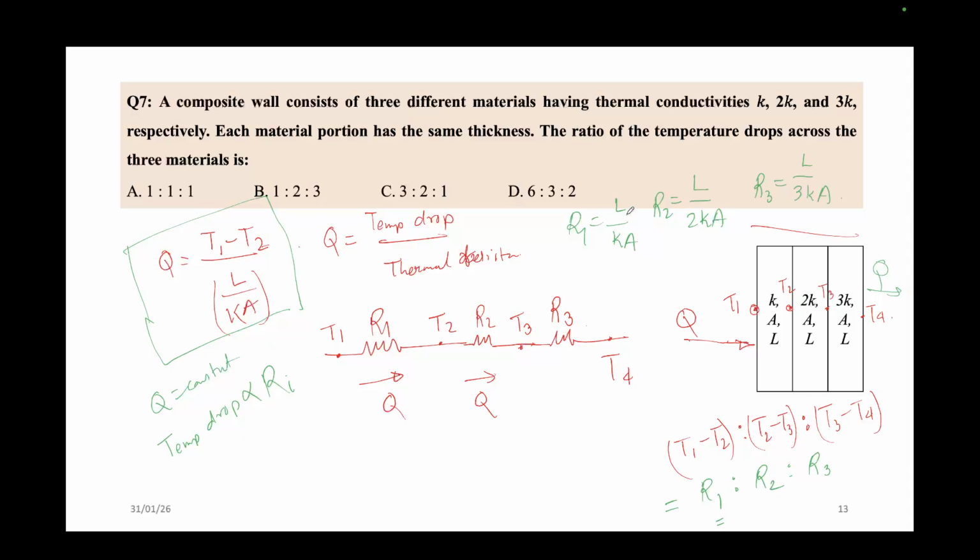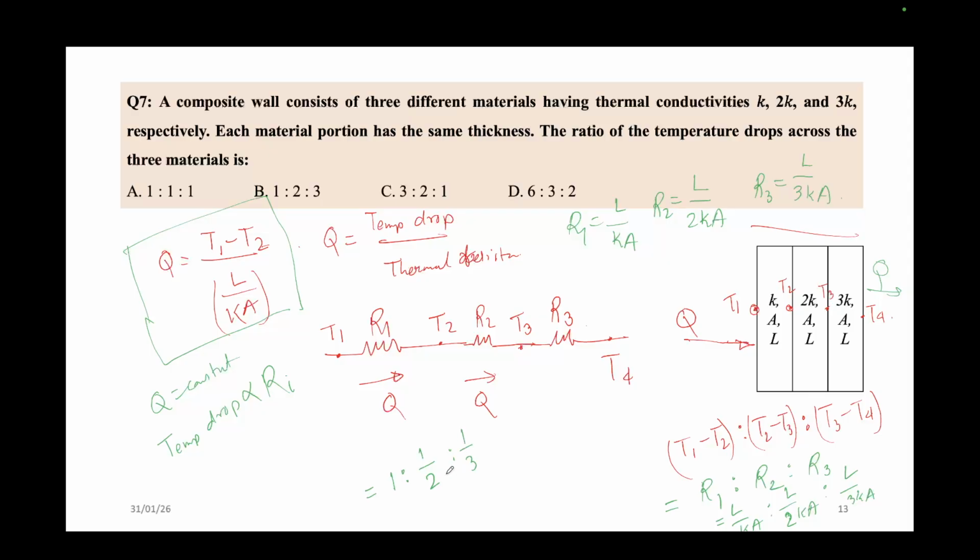So here L by KA is the same in all. So I can write L by KA is to L by 2KA is to L by 3KA. If L by K is common, I can remove this one.